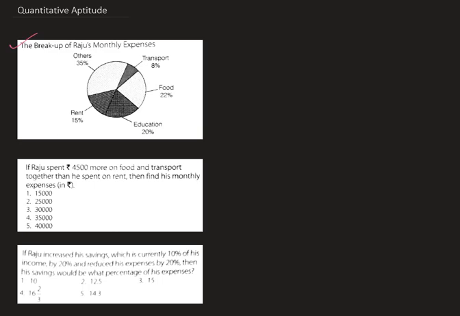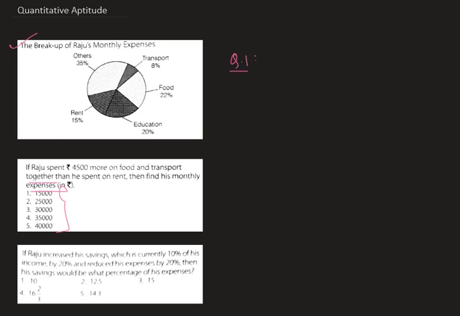And in other, he spends 35% of his expenditure. If Raju spent 4,500 more on food and transport together, than he spent on rent, then find his monthly expenses. Okay, here given are 5 options and you need to find the correct one. So let's start the question.